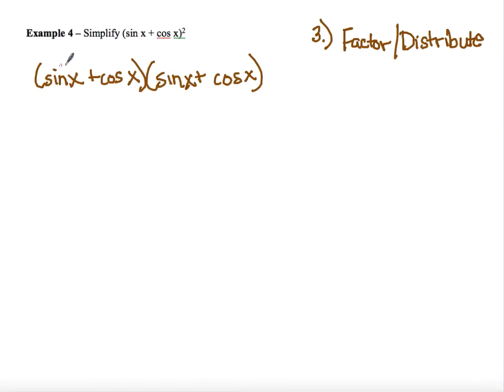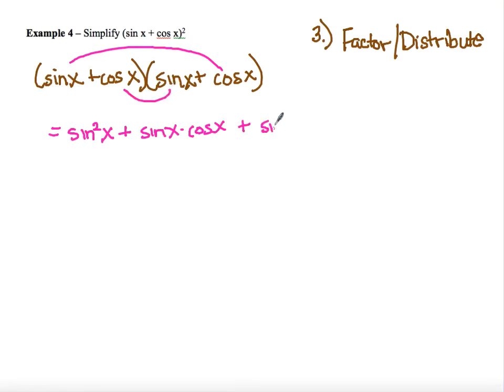As I multiply my first terms together, that gives me a sine squared. My outside terms give me a sine times a cosine. My inside terms also a sine times a cosine. And my last terms look like they're going to give me a cosine squared. All right, now as I try to simplify those, what can I do?